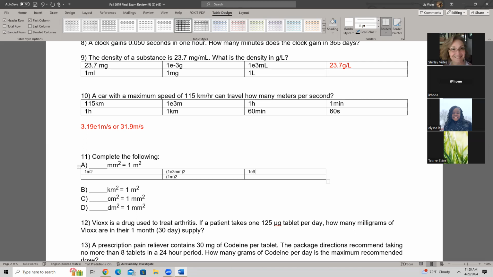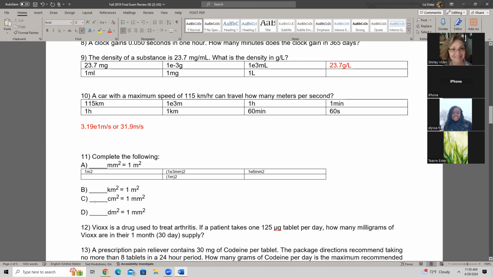So e to the 6. And it's positive, yes? So millimeter squared. See that? That's why it became 6. That's why I said it's not the same to change 1 meter to a millimeter than to change 1 millimeter squared to a millimeter squared. Never.